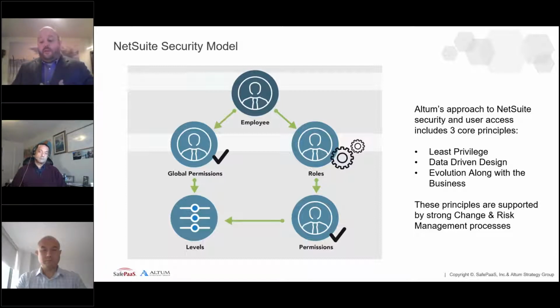That means when new functionality is introduced into the system, making sure we have the change management processes and strong risk management processes in place to support those. Adil, Matt, anything to add on the approach or the tool set that we can leverage?